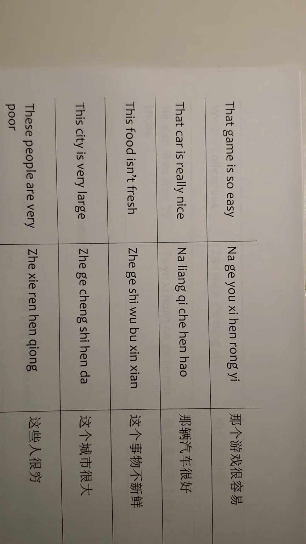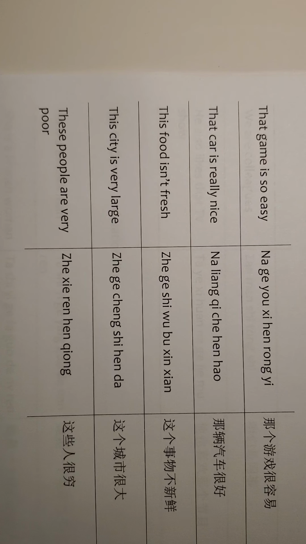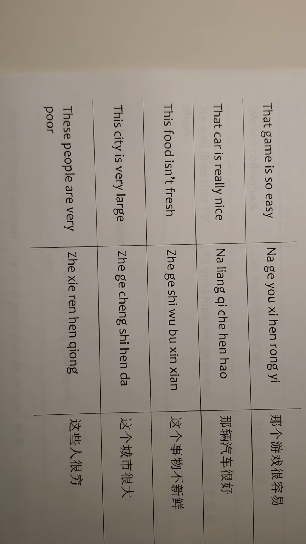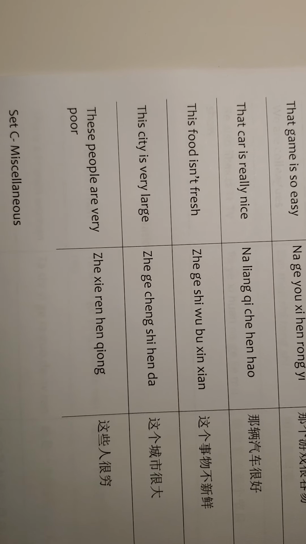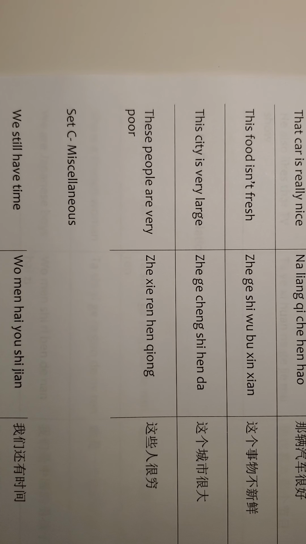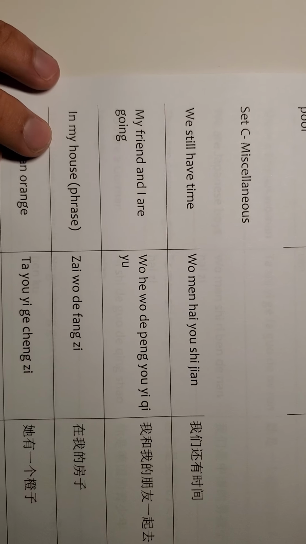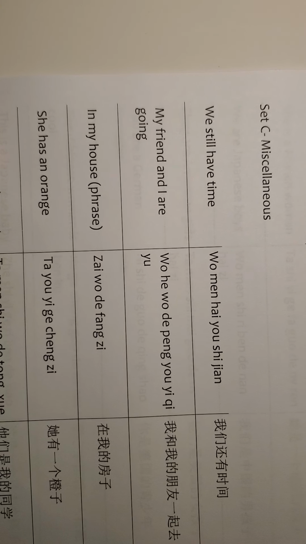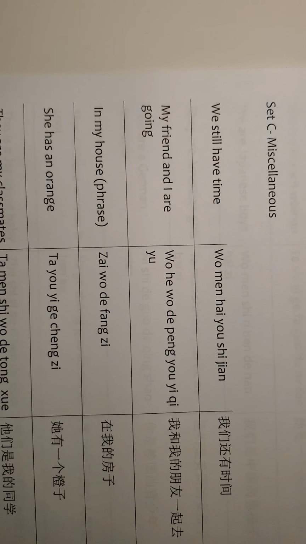That's good. 哪辆汽车很好. 这个事物不新鲜. 这个城市很大. 这些人很穷. 我们还有时间. 我和我的朋友一起去. That should be 去, there's a typo.